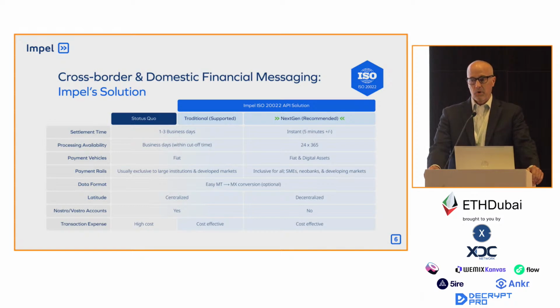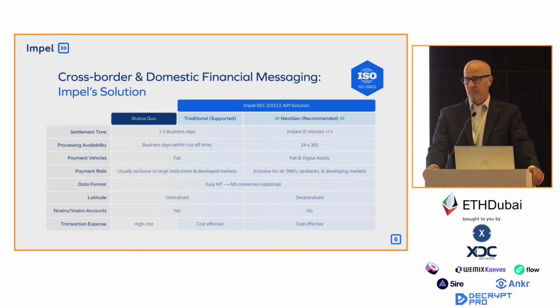inefficient. Using Impel's solution, we can still use Nostro Vostro accounts, still use a central bank to settle up at the end of the day. However, we offer a lower, more cost-effective operating cost for financial institutions and banks, rather than the traditional providers like Swift or SEPA.